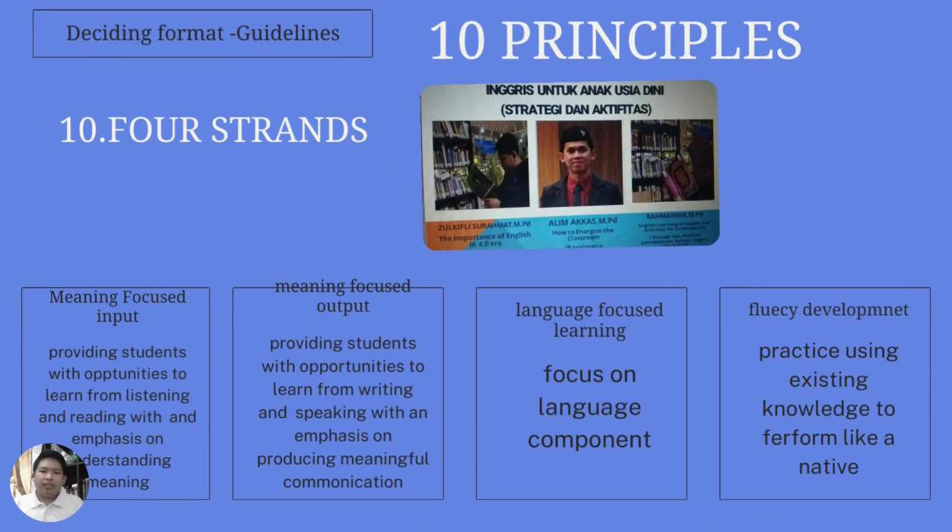And the next, the 10th principle, is four strands, and we have to focus on four strands. The first is meaning focused input. The second is meaning focused output. And the third is language focused learning. And the fourth is fluency development.